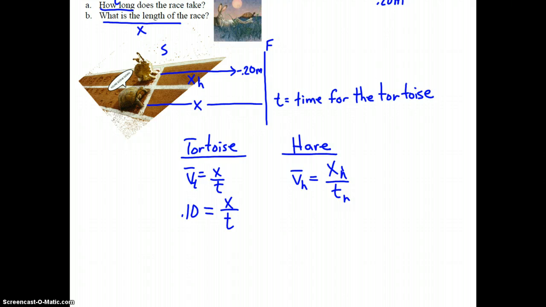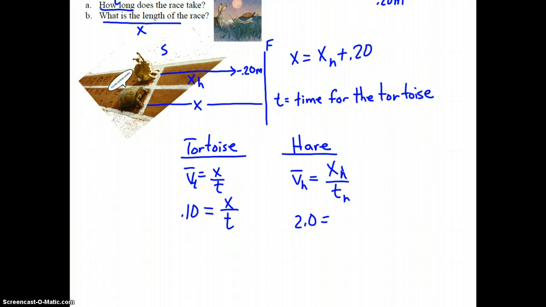2 equals, all right, so what do we have here? Up here at our diagram, we can also establish a relationship between the distances in the question. You can see that the distance x equals the distance traveled by the hare plus 0.20 meters, the shell of the tortoise.